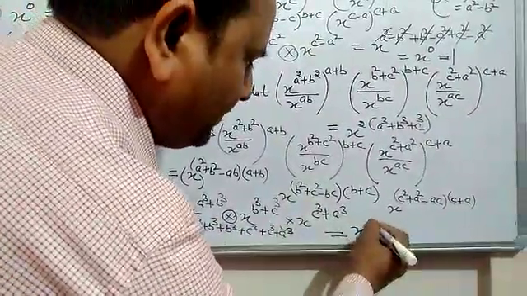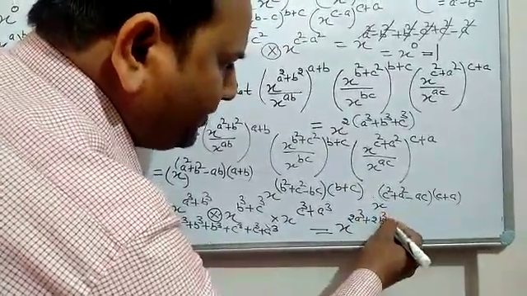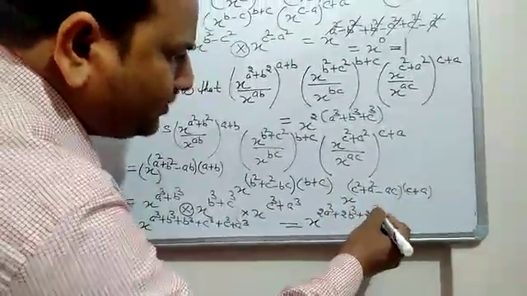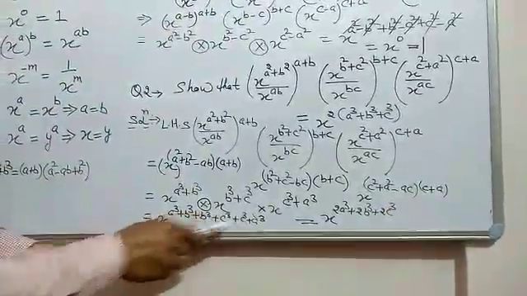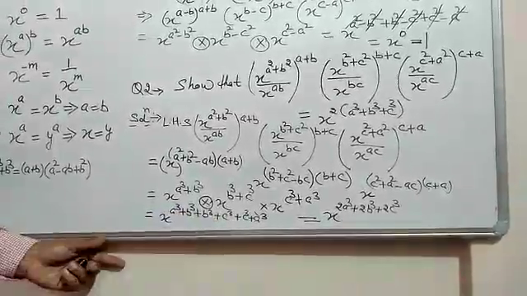So x to the whole power 2 times a cube plus 2 times b cube plus 2 times c cube. See it: a cube plus a cube is 2a cube, b cube plus b cube is 2b cube, c cube plus c cube is 2c cube.